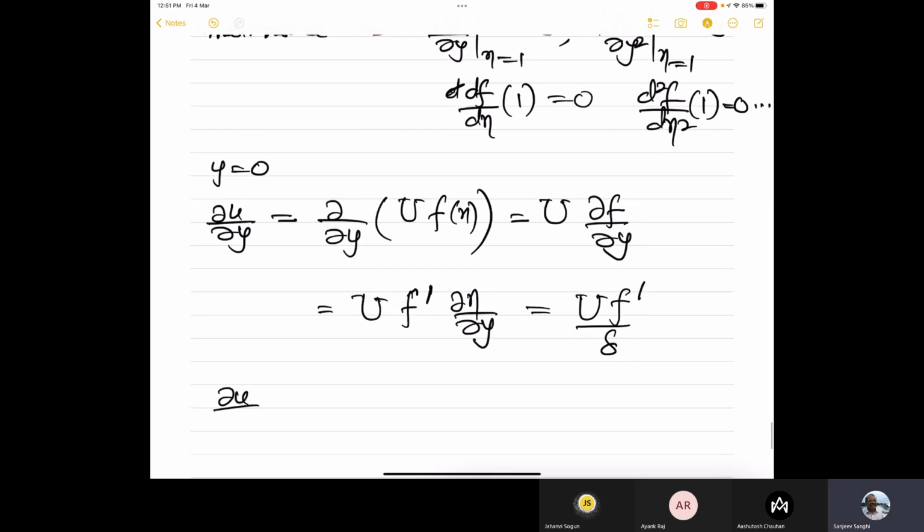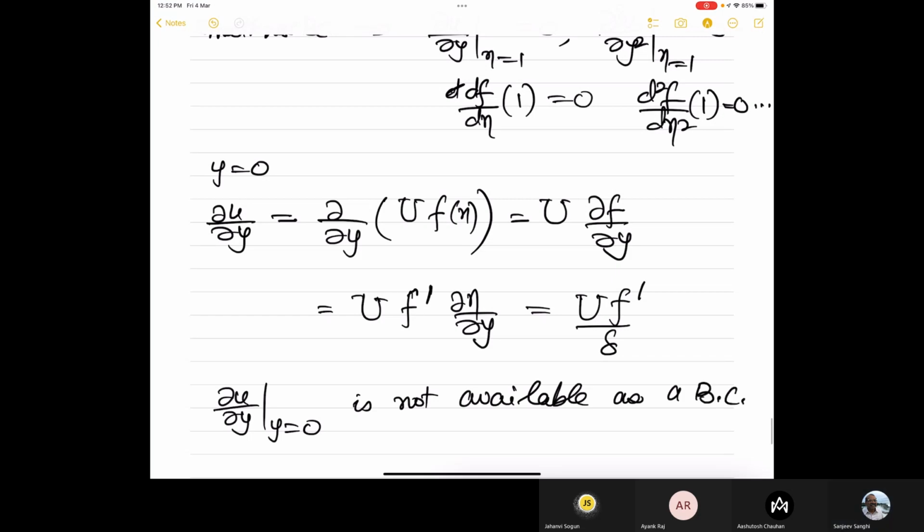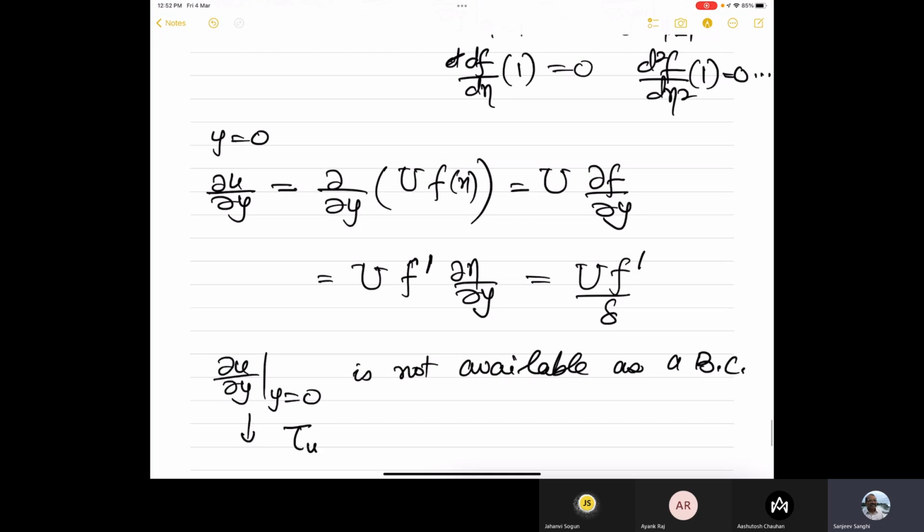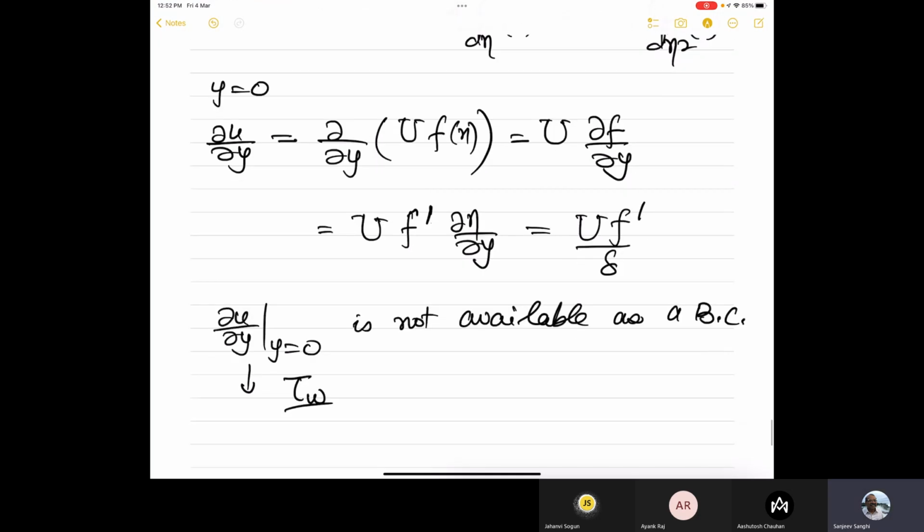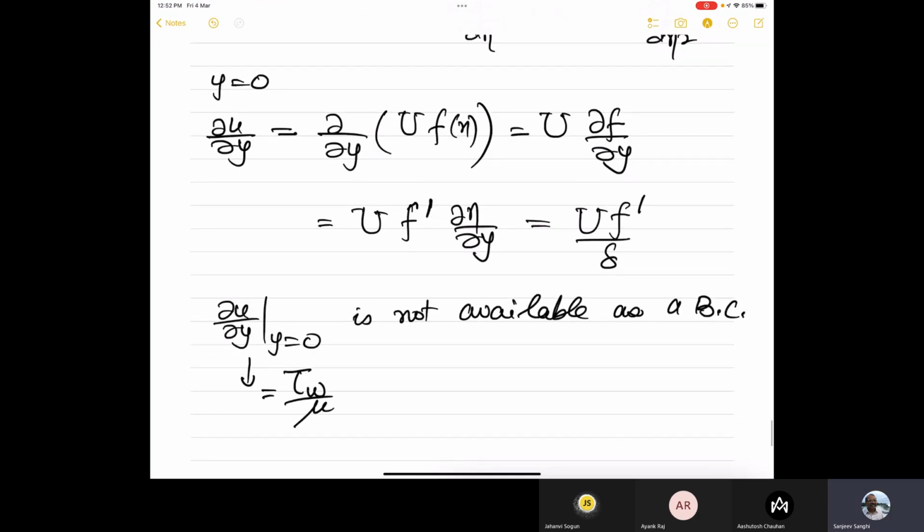Now du by dy at y equal to 0 is not available as a boundary condition. Why? Because this is nothing but shear stress at the wall divided by mu, and this is what we are trying to solve for.